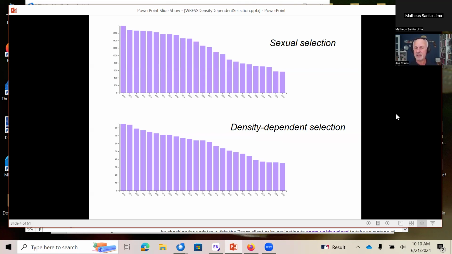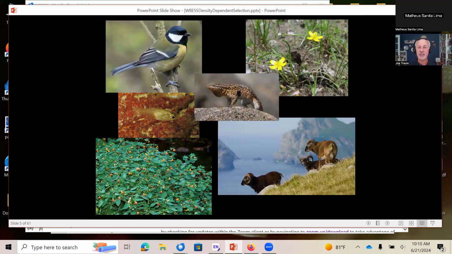So density dependent selection has not overwhelmed the literature like one might have thought it would have back in MacArthur's day. Now, to be sure, there are plenty of examples of density dependent selection.